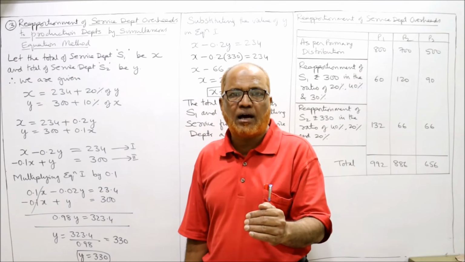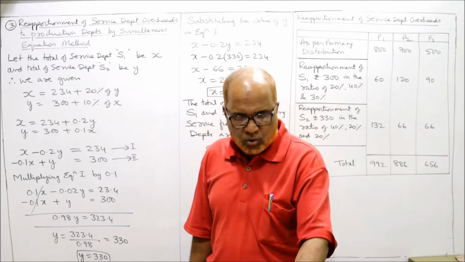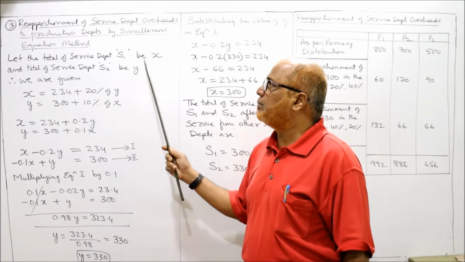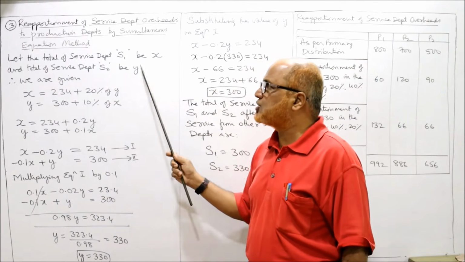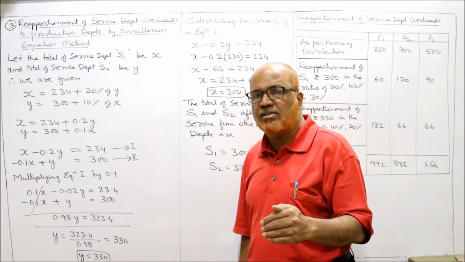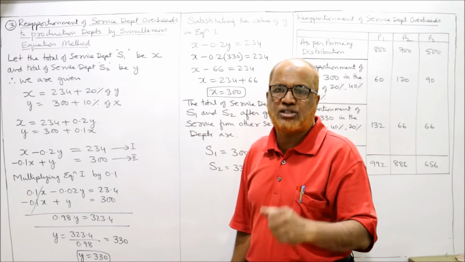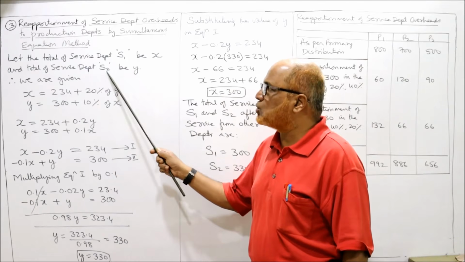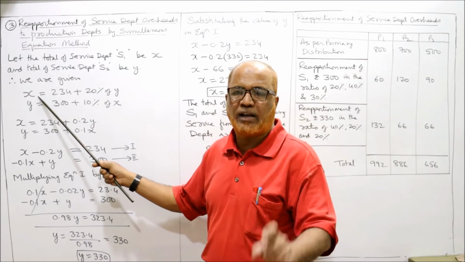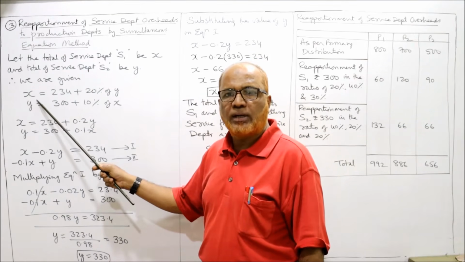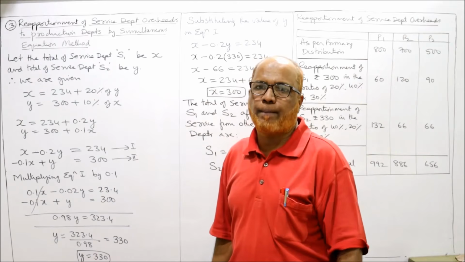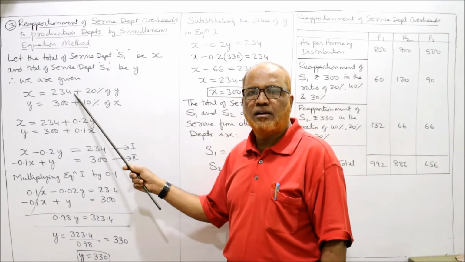So we will suppose, let the total of service department S1 be X and the total of service department S2 be Y. Imagine what is the total of S1 and the total of S2 after getting the service from the other service department. Suppose the total of S1 is X and the total of S2 is Y. Now X is equal to the total of service department S1, which is equal to 234, the total of S1 given in the problem.